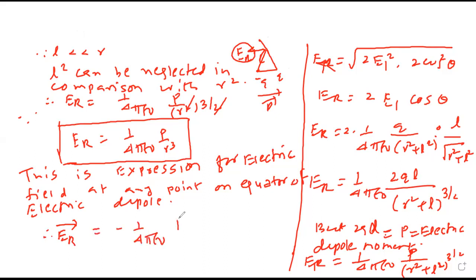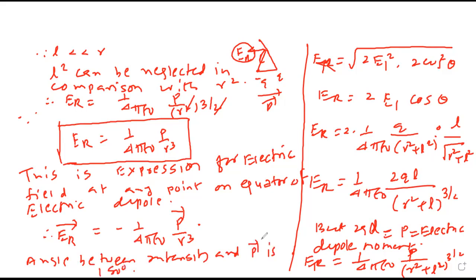So in vector form, ER is opposite to p, so we write negative. So the angle between intensity and p vector is 180. Here the intensity at any point on the equator and p vector is 180.